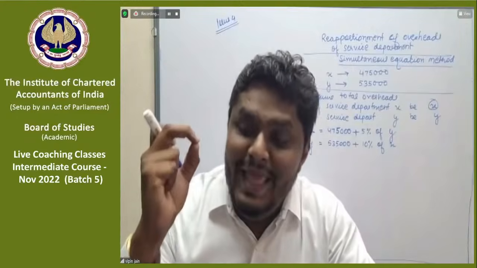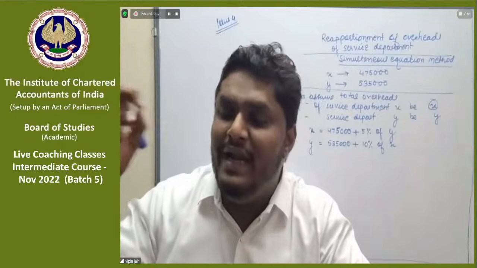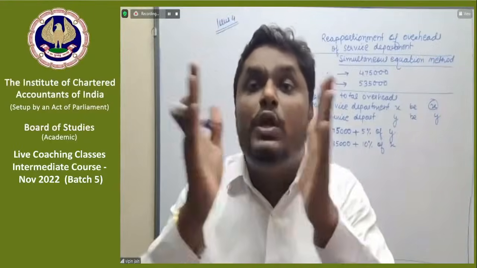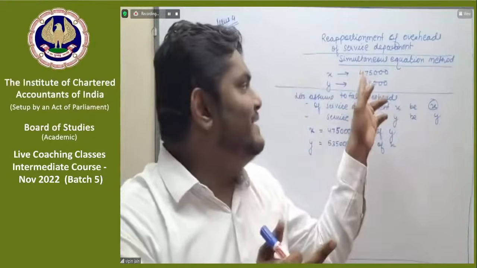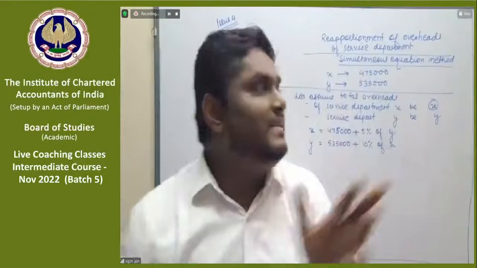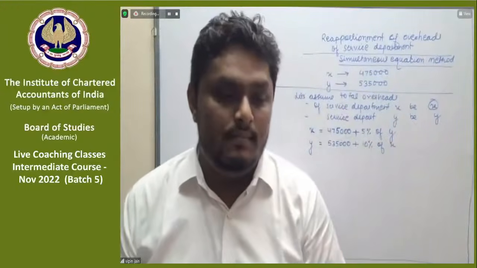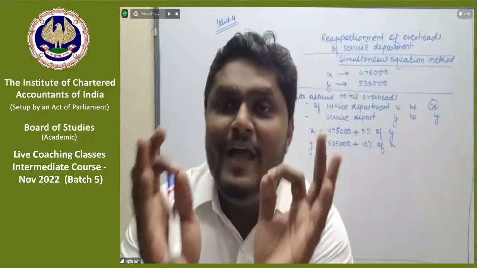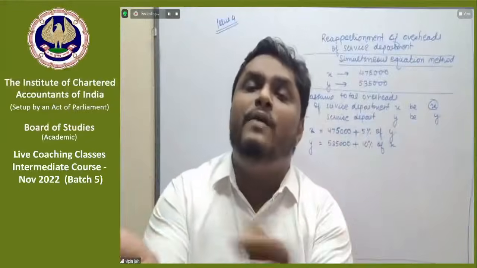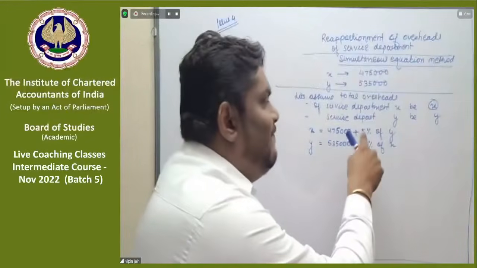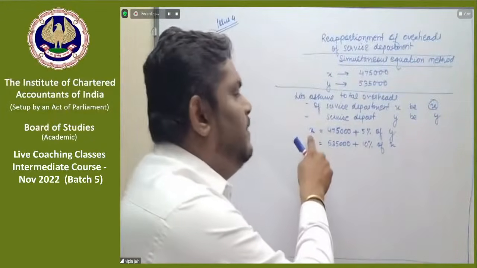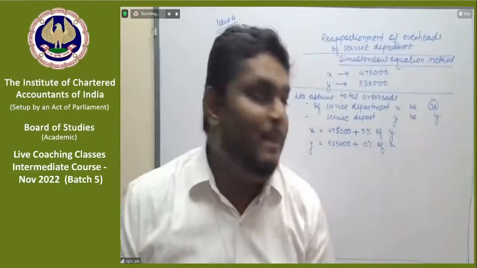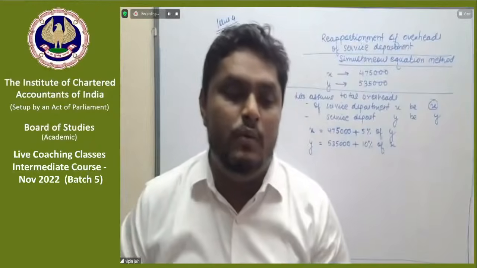And further, X is providing services to the Y department also, and 10% will be apportioned to Y. So the total overheads of Y will be the overheads as calculated plus 10% of X. As far as X is concerned, it is given that 5% of the overheads of Y department will be apportioned to X. It means 5% of the overheads of Y department belong to X. So that's why I have taken 5% of Y plus 4,75,000, which equals X.